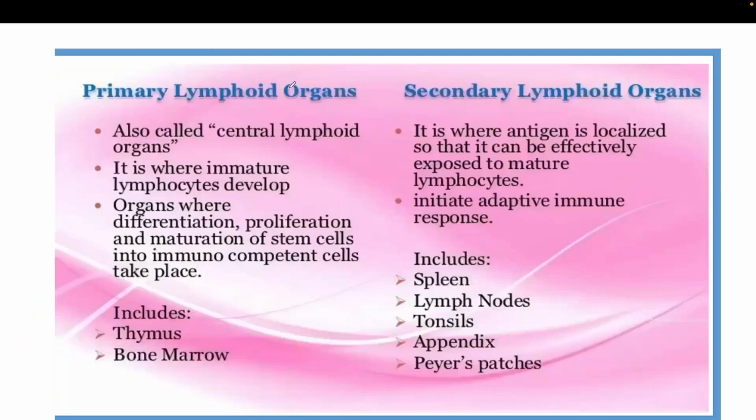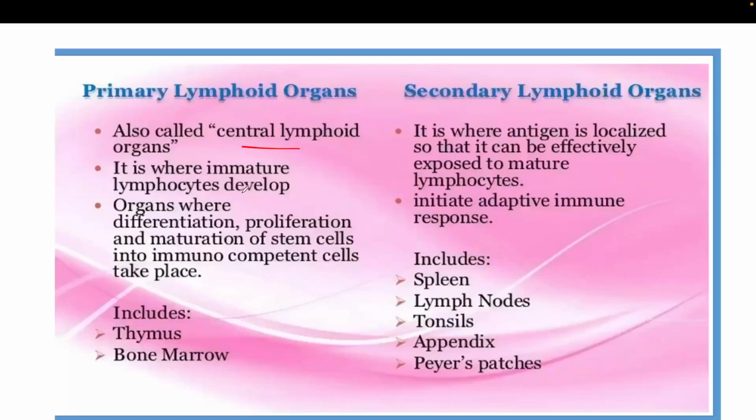For development of these T and B cells, there are different organs in our body where the development takes place. The first one is the primary lymphoid organ, which is the central lymphoid organ, where the immature lymphocyte develops.